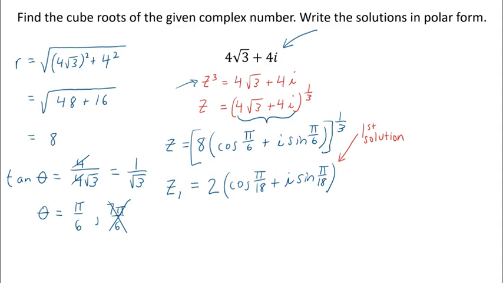Pi over 18 radians plus 12 pi over 18 radians gives me 13 pi over 18 radians. So that's where the location of my second solution will be. So z sub 2, our second solution, will be 2 times cosine 13 pi over 18 plus i sine 13 pi over 18.